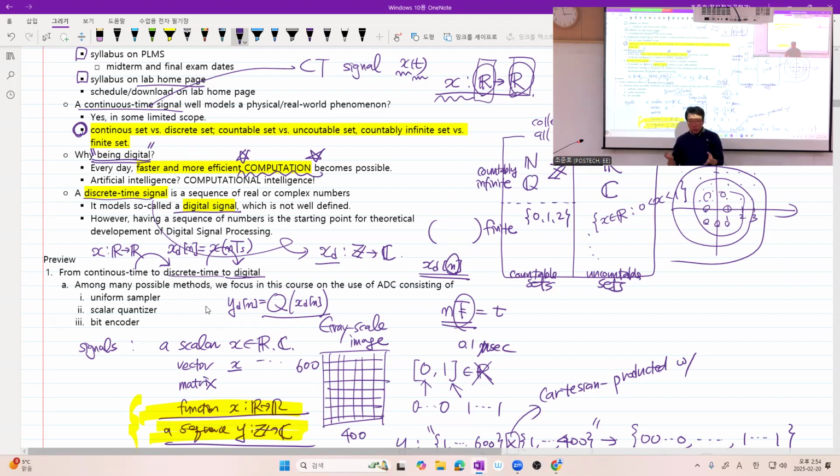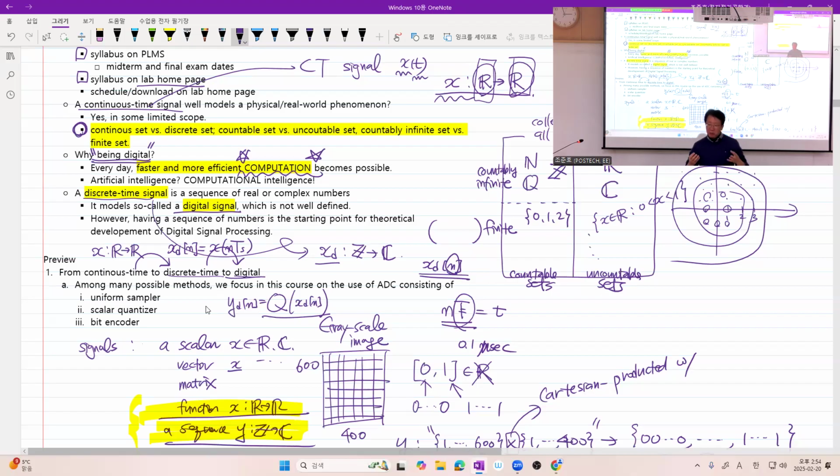So through this path of undergraduate courses in electrical and computer engineering, we learned how to do computation using circuits and computers, right? And now our circuits and computers become faster and faster.